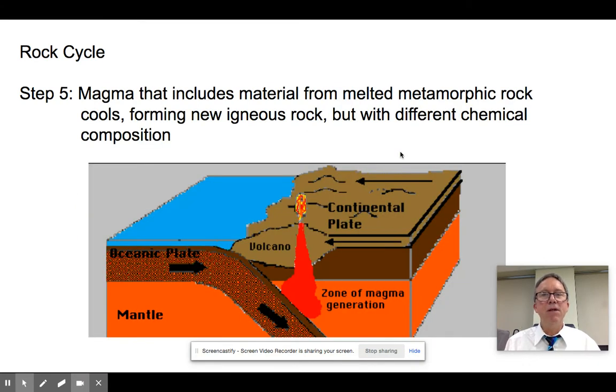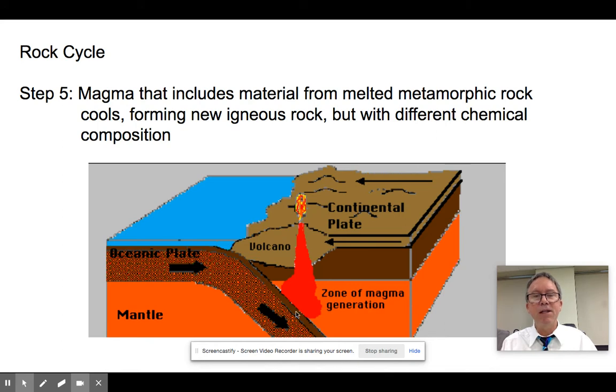Now, it's worth noting then that the magma that comes out here is different from the magma that we started with. So I had one particular chemical composition, and guess what? I sorted out, like the clay minerals got carried away here. So then the sandstones were here. So already I got this difference. Now I'm adding carbonate material from reefs. I'm adding water, right? And I'm bringing it down here and I'm melting it.